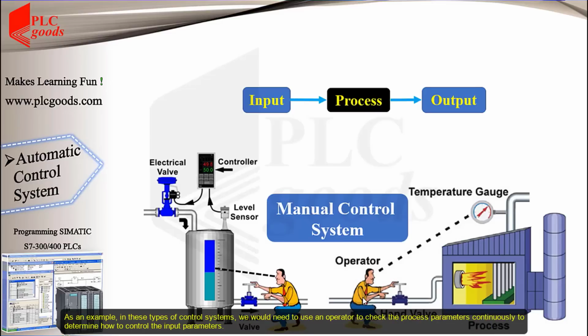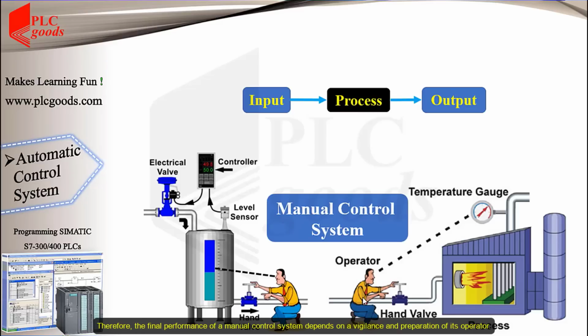Notice that although designing manual controllers is simple, we have to deal with some problems in using them. As an example, in these types of control systems, we would need an operator to check the process parameters continuously to determine how to control the input parameters. Therefore, the final performance of a manual control system depends on the vigilance and preparation of its operator.